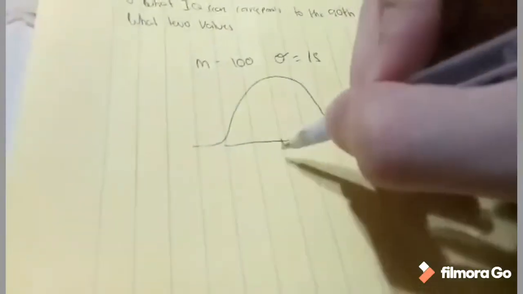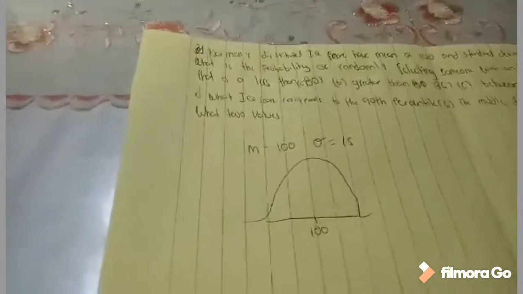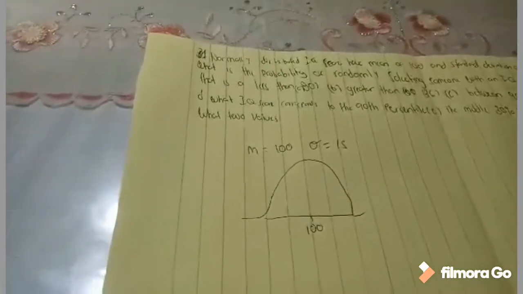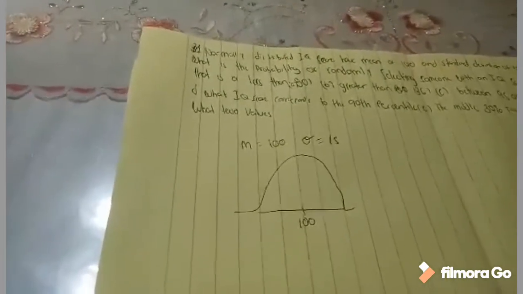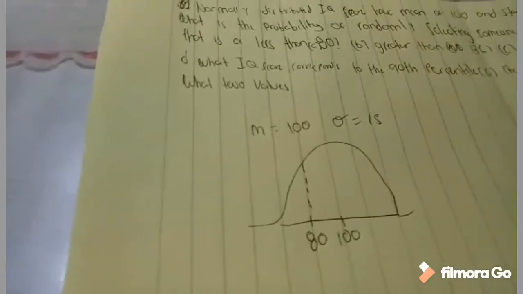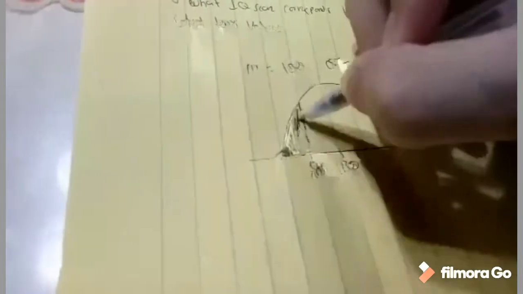The mean is 100, and we will find the probability of selecting someone with a score less than 80. So we share 80, less than, so negative, right there. What we need is the area to the left of 80. I'm going to shade it like that.